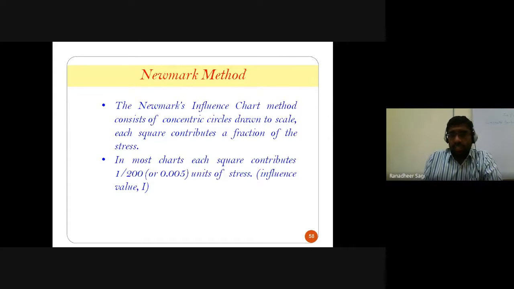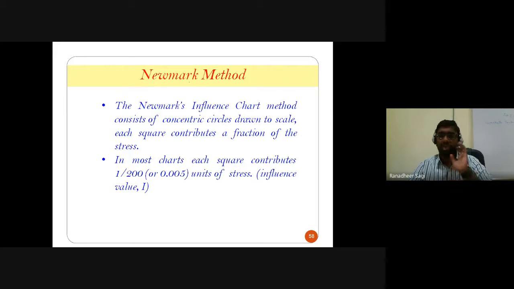In this Newmark's method, nowadays people are not following this graphical approach for calculating vertical stress.